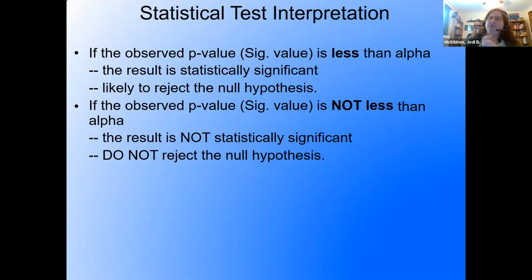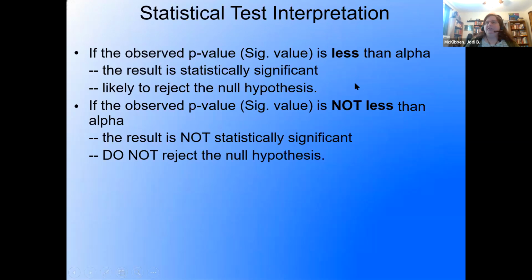Divide by 2. That will give you your one-tailed sig or p-value. I know it's a little counterintuitive, but that is how it works. Okay, so you take that sig or p-value, divide by 2. Don't change your alpha. Don't change anything else. This is the only thing you need to worry about, your sig value or p-value that you're dividing by 2 for a one-tailed test.